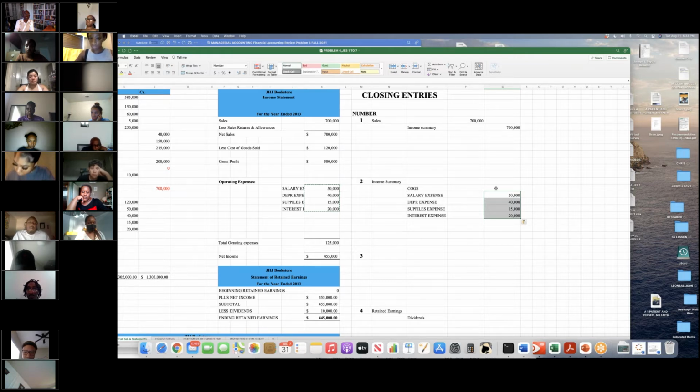And I bring in this 120. So what's the debit to income summary going to be? 45,000. Take your word for it.